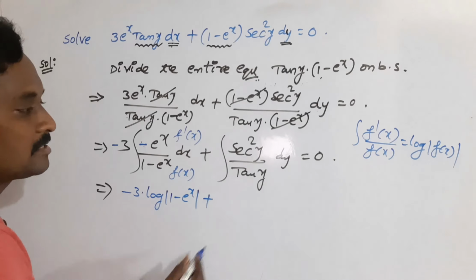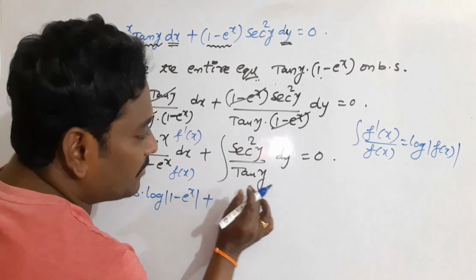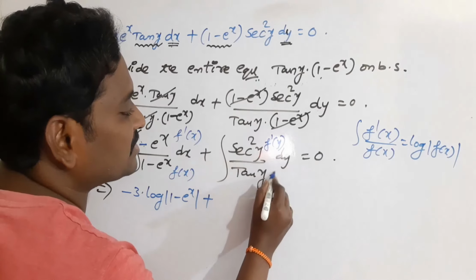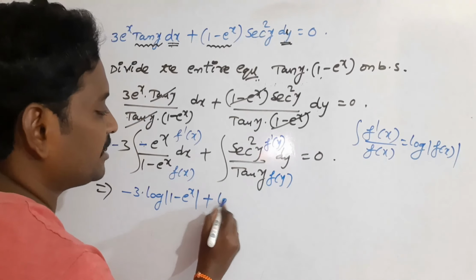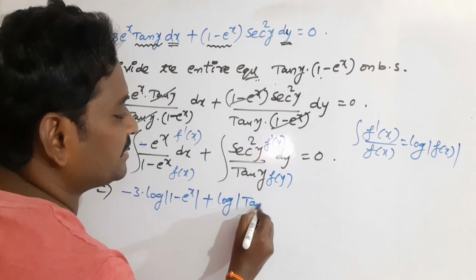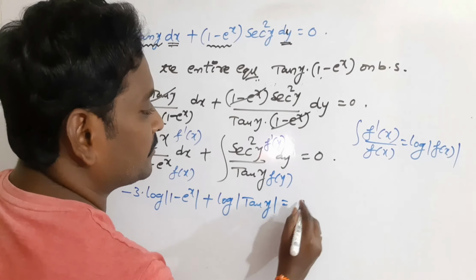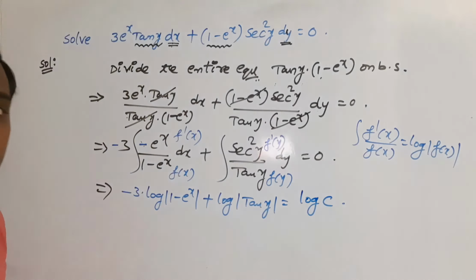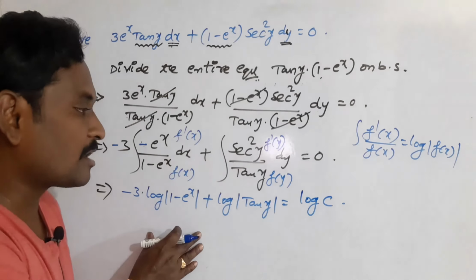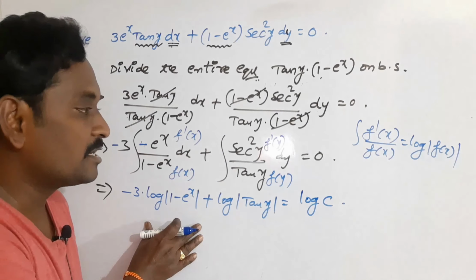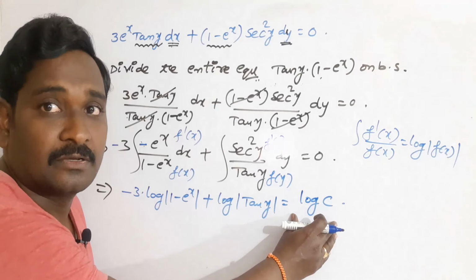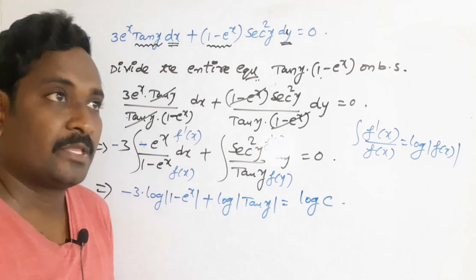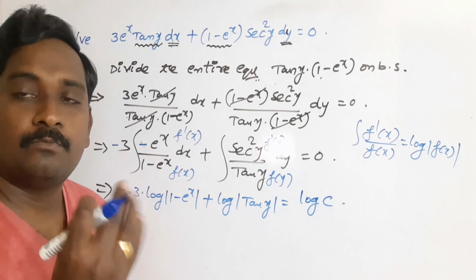Plus here also we are observing that derivative of the denominator, derivative of tan y is numerator. It is also in the form of integral f dash of y by f of y. That's why you will write log mod tan y is equal to integration of 0. I will write log c instead of c because the remaining terms contain logarithmic terms. I will take log c instead of c, because to get the general solution in minimum form.